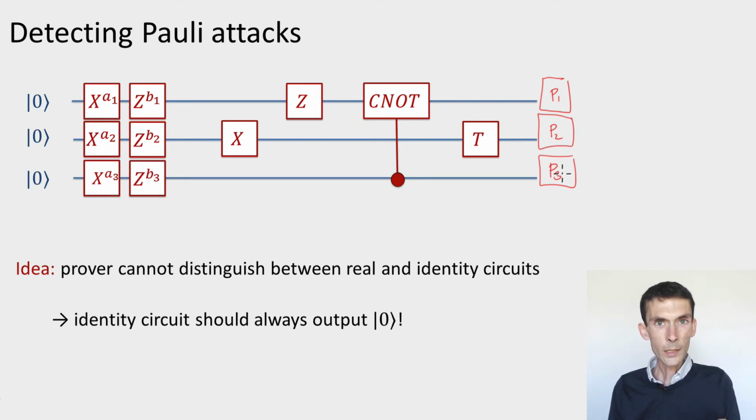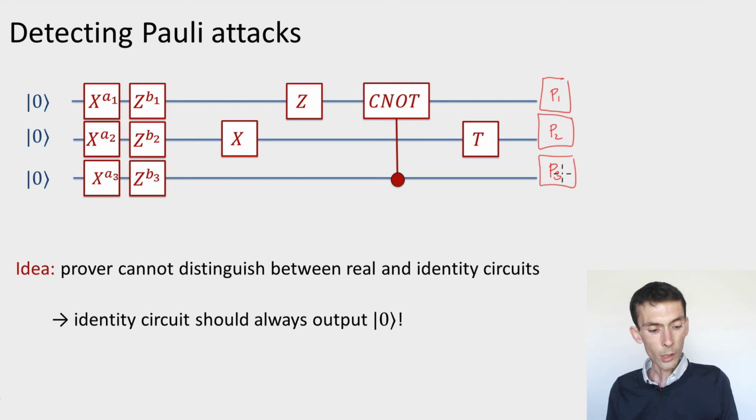It's going to be to introduce test runs. So there's going to be two types of test runs, the computational basis test run and the Hadamard basis test run. And what's going to happen in these test runs is that the circuit that the verifier wants to be applied is going to be replaced by the identity circuit, doesn't do anything, without the prover noticing.